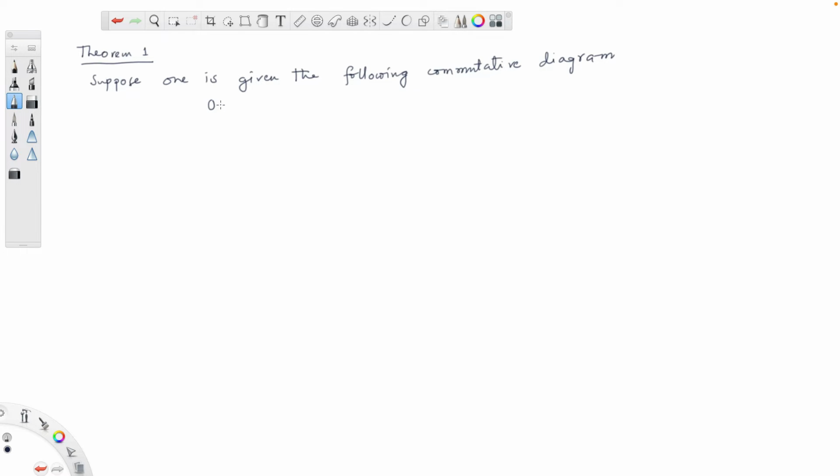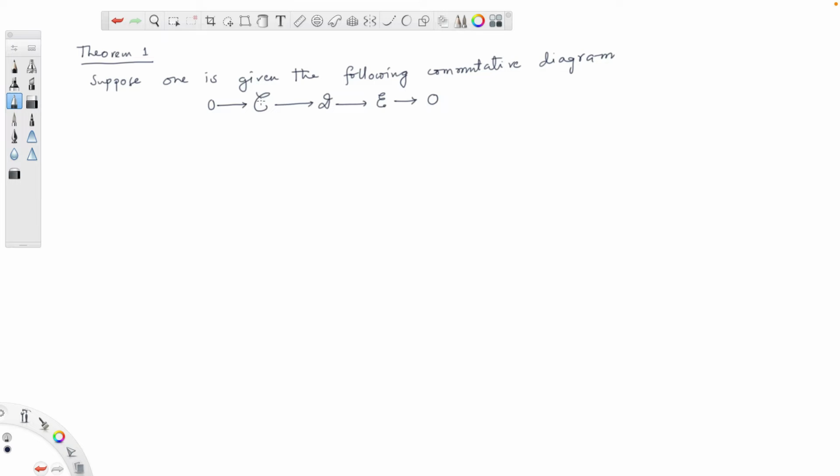So in the top row we have a short exact sequence of chain complexes from 0 to calligraphic C to calligraphic D to calligraphic E to the trivial chain complex.